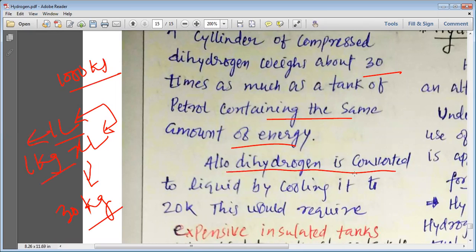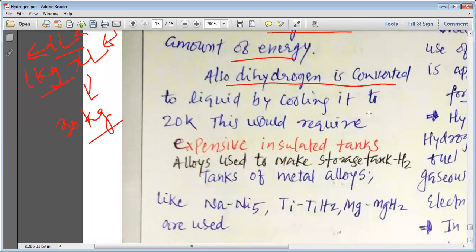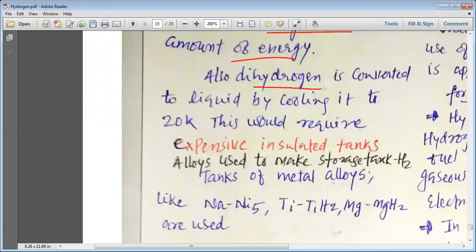Also, my dear students, dihydrogen is converted to liquid by cooling it to 20 Kelvin. So if we want to convert dihydrogen to a liquid state, we will have to cool it to about 20 Kelvin. Now please understand that 273 Kelvin is 0 degree centigrade.